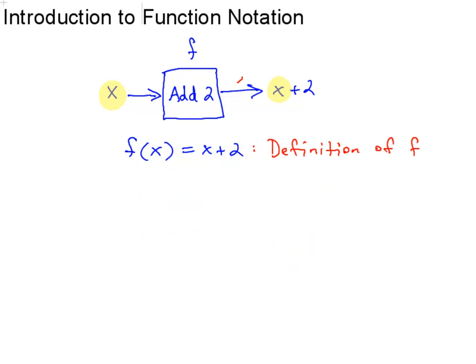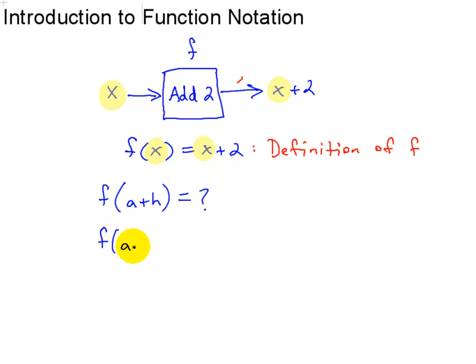You could also ask for a more complex expression, such as what is f of a plus h? This is a common one. f of a plus h means we replace our input with a plus h. So we go back to our definition right here. Instead of x being the input, a plus h is the input.